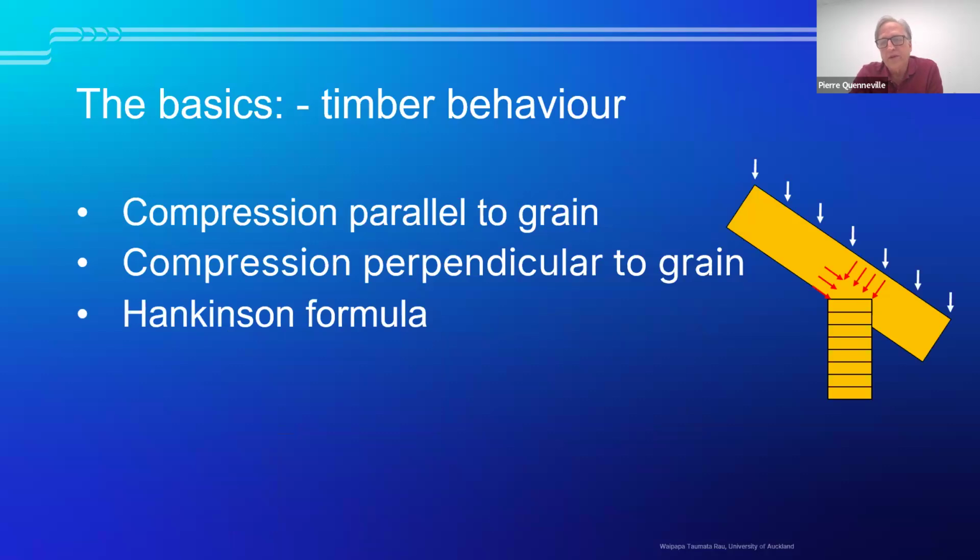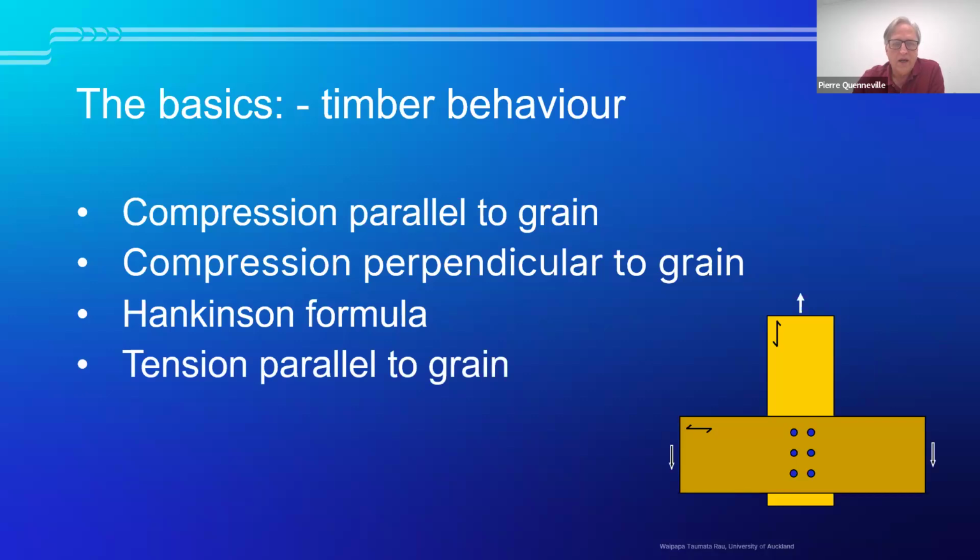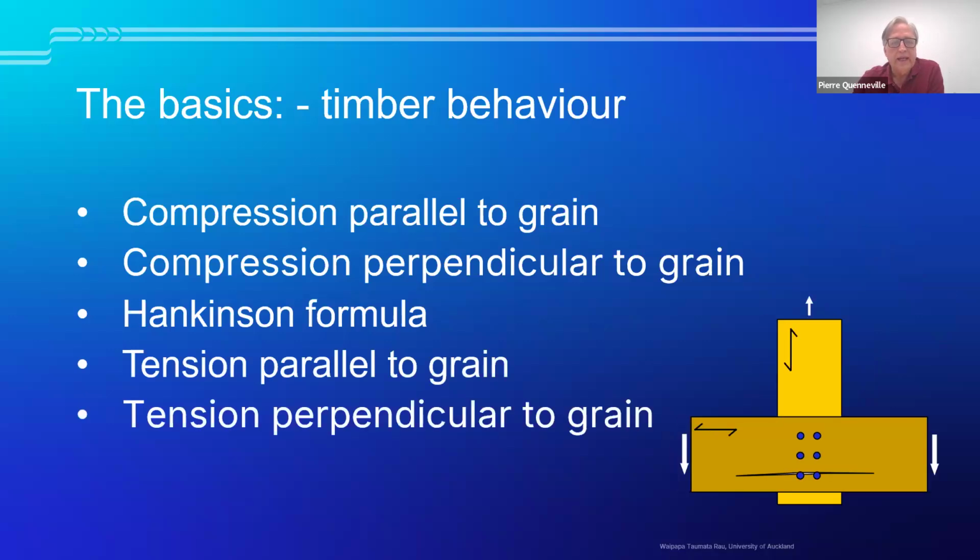Then there will be, for some special cases, the combination of compression parallel and perpendicular to grain, where knowledge of the Atkinson formula will be required to get the connection resistance. Obviously, if we mention compression, there'll be tension. So tension parallel in the vertical member, and tension perpendicular to grain in the horizontal members.